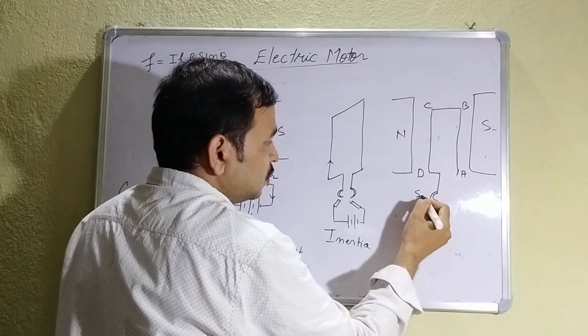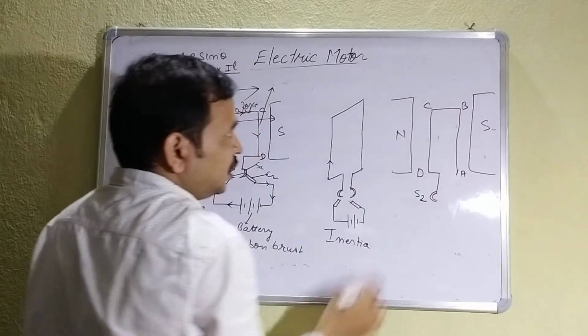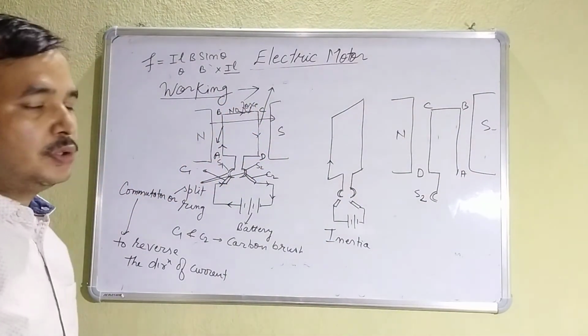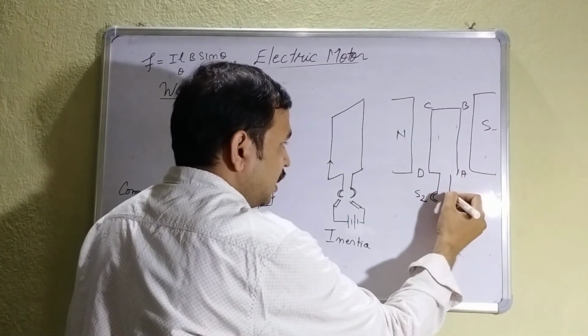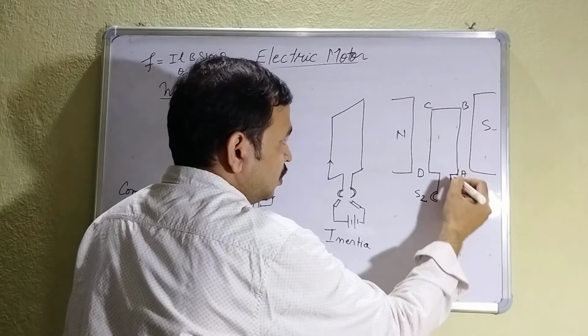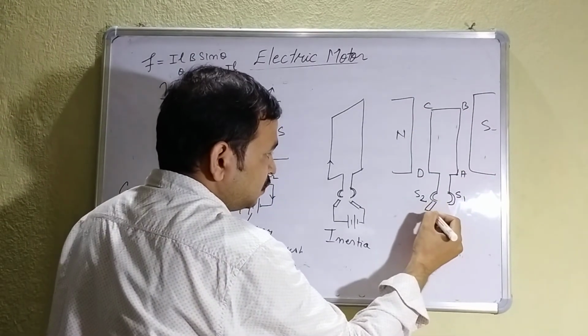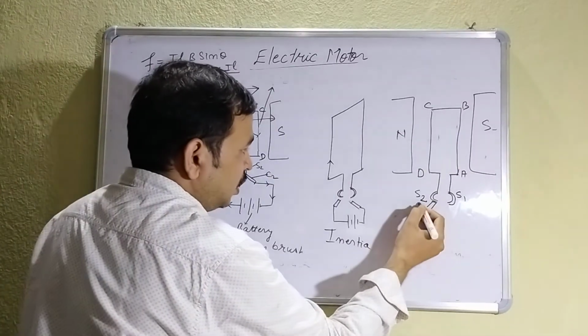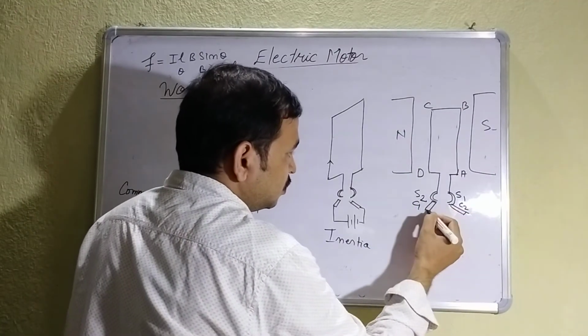Here, this split ring S2 is connected with the arm DC, so it will move with arm DC, and this S1 connected to AB will come here. Now this carbon brush is fixed, it is not moving. So here it is C1 and here it is C2.